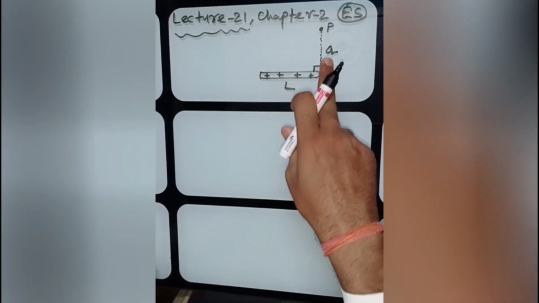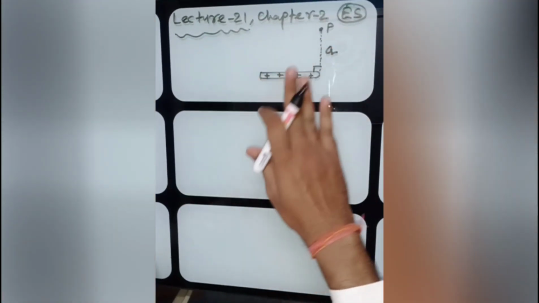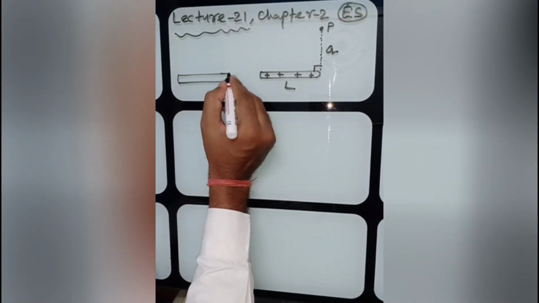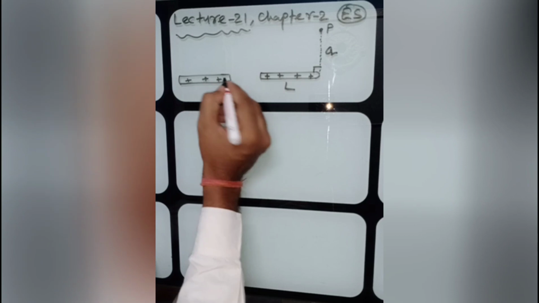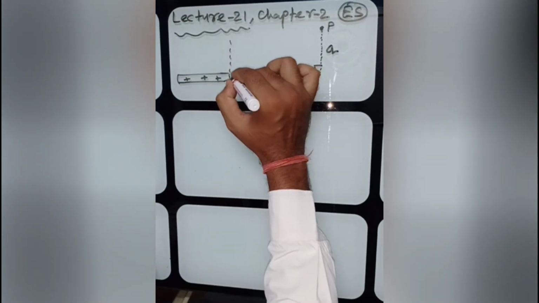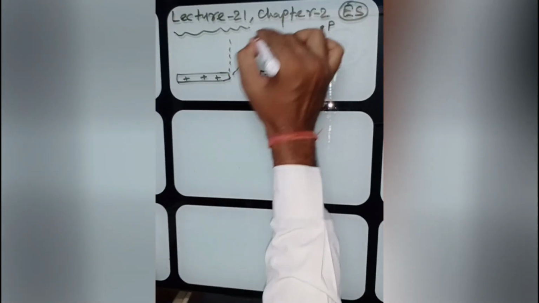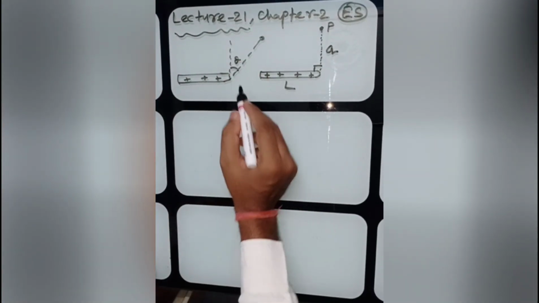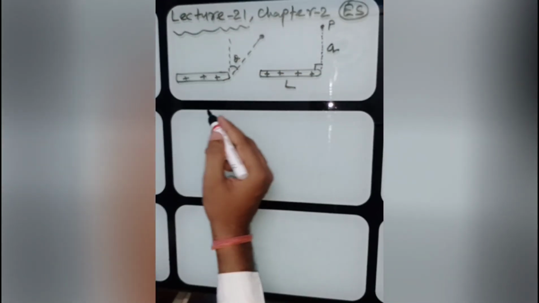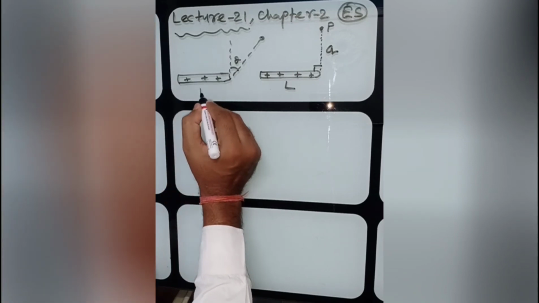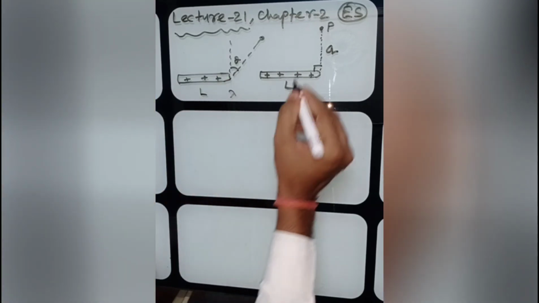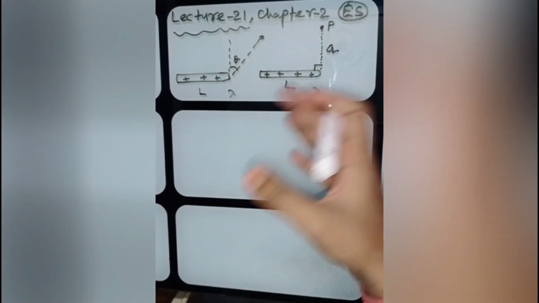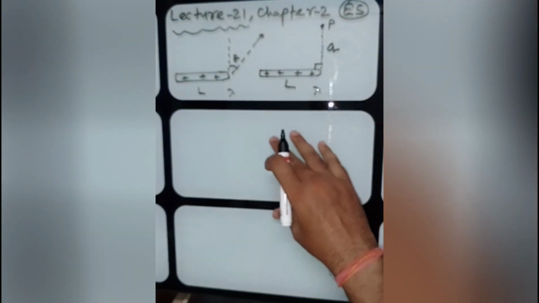This is P and the distance is the same A. Students, if you get the answer to this question, you can also find the potential if the point is not perpendicular but at an angle theta, due to this rod of length L and linear charge density lambda. So you can solve such questions by yourself, my dear students.